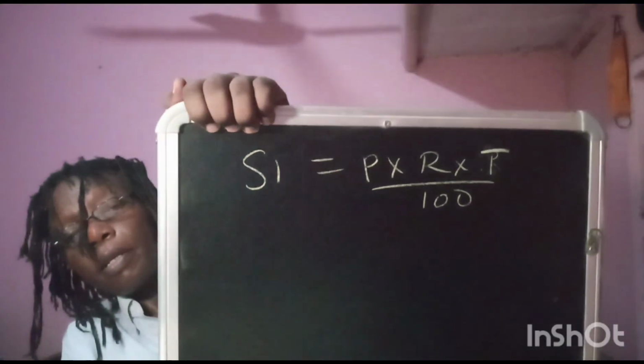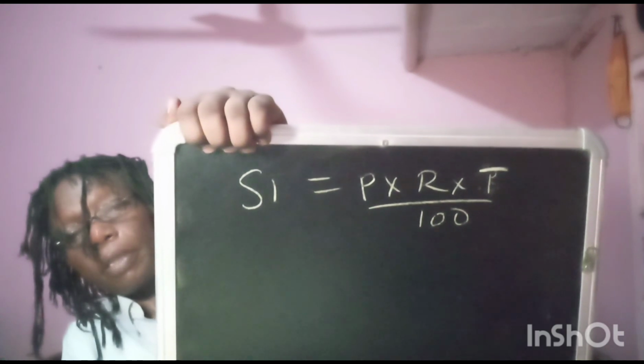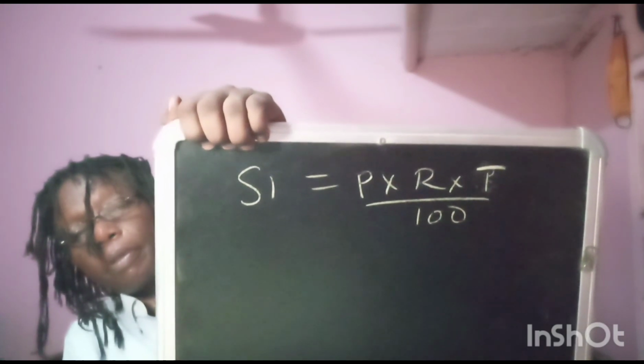Simple interest is equal to P times R times T over 100. That's the formula: simple interest equals principal times rate of interest times time over 100, because you're finding a percentage, right?